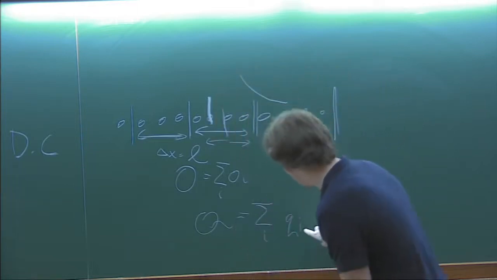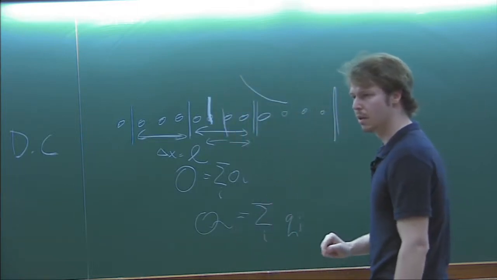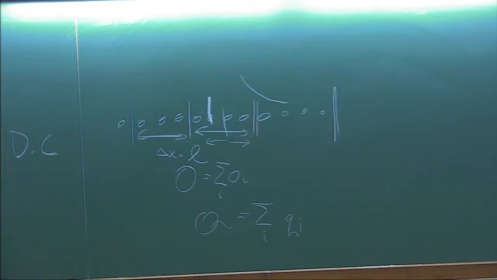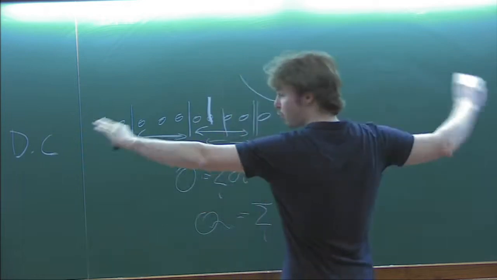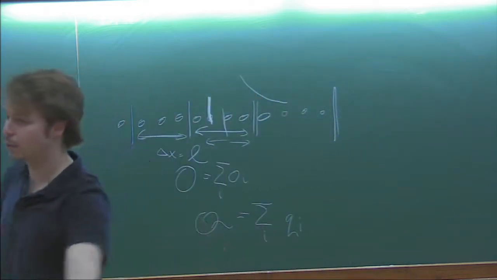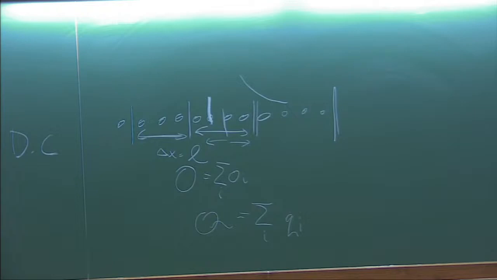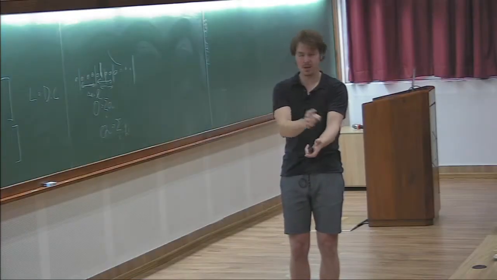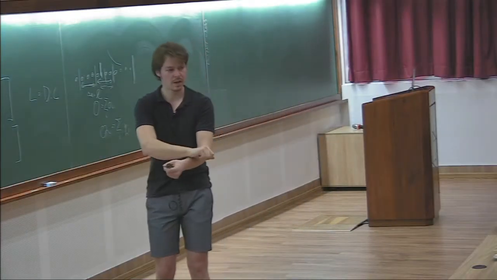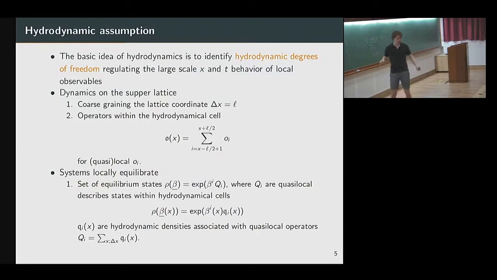This is the site index. The large symbols describe the operators that are throughout the lattice, not just in a single hydrodynamical cell, not at just one site, but you take a single site operator and you sum it over the whole lattice. Sorry for the confusion.